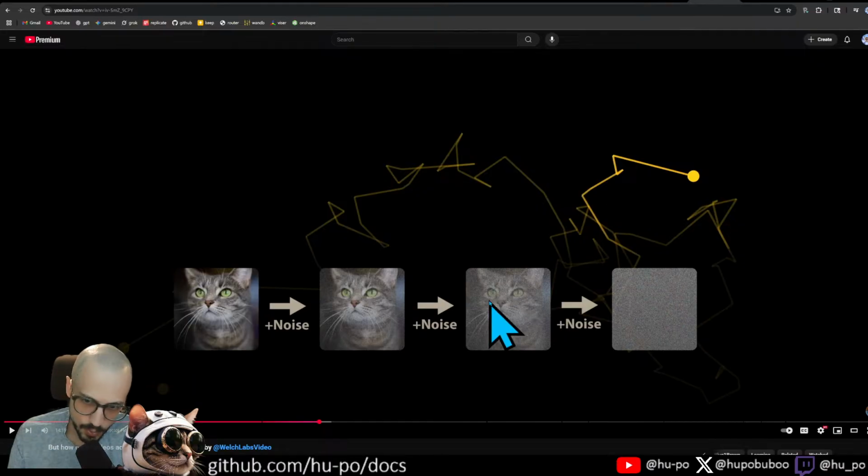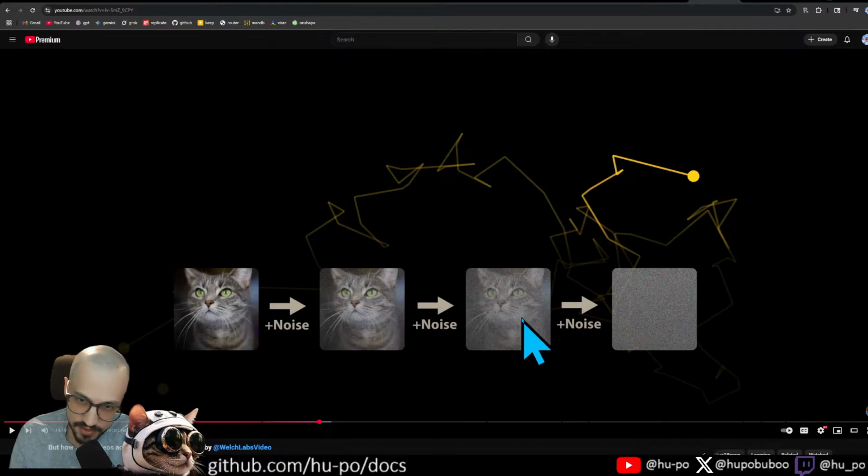But when you're trying to predict this cat eye, you can pay attention to this other cat eye. So diffusion allows you to say, okay, both of these eyes are coming out of the noise at the same time, which means I can make sure that both eyes are the same color. Versus in an autoregressive way, if you were rastering, you just have to pick this first eye color and then you get the second eye color, because the second eye comes after the first eye, left to right.